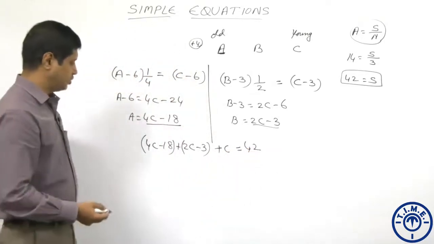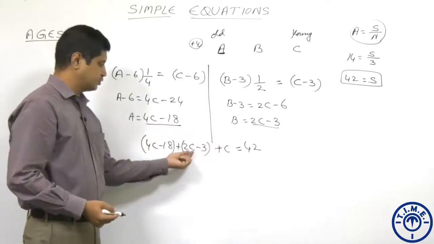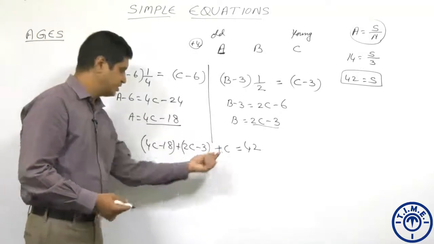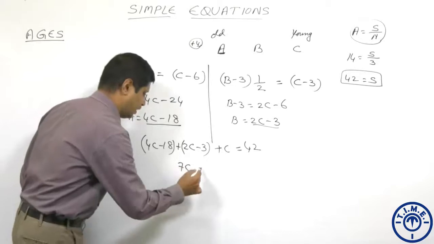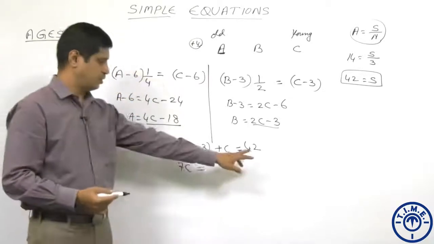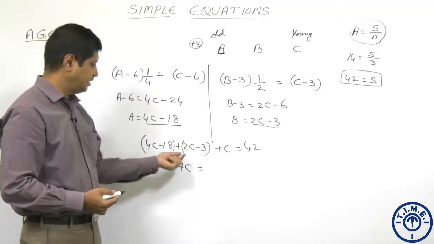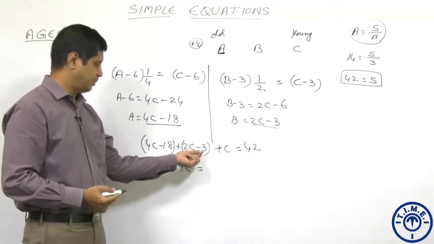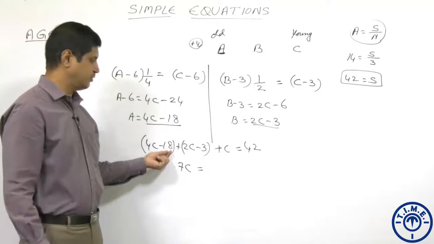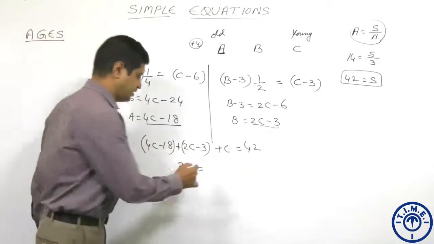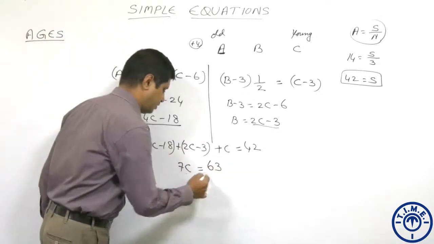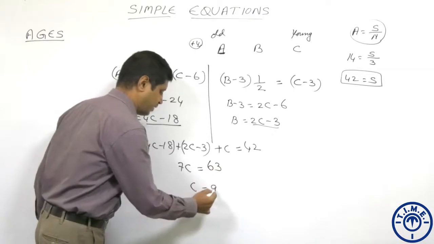Now, simplify: 4C plus 2C is 6C, plus C is 7C. Now, 7C is equal to 42 on the right side, whereas on the left side we have minus 18 and minus 3. The sum of these two values is minus 21. When you take it to the other side, the result is 63. The value of C is 9.